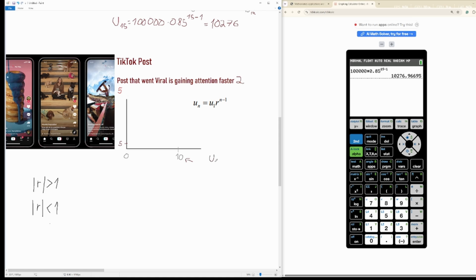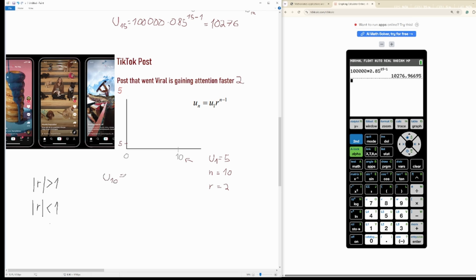So let's go over it. u_1 is obviously 5, because it's the starting point of the geometric sequence. And we know that n is 10, because we're searching for the 10th minute. In this case, r is 2, because r is what we look at when it's growing or decaying. And so we use the same formula.